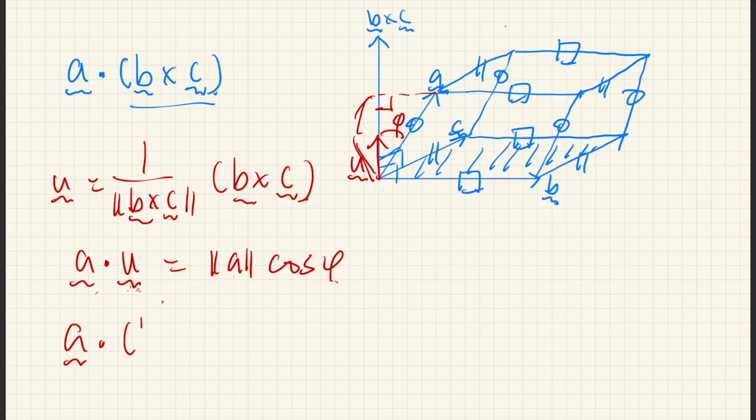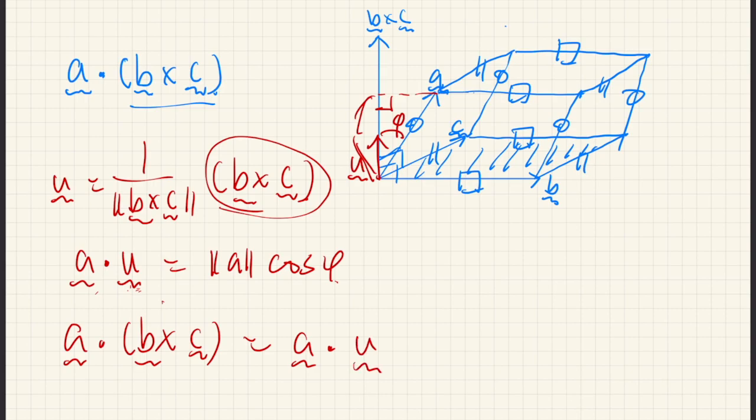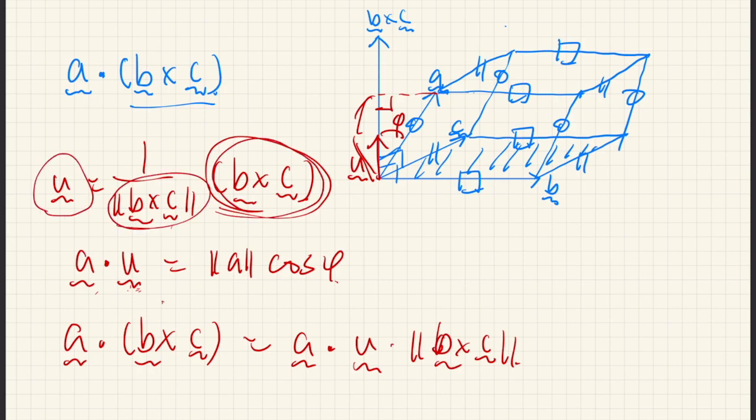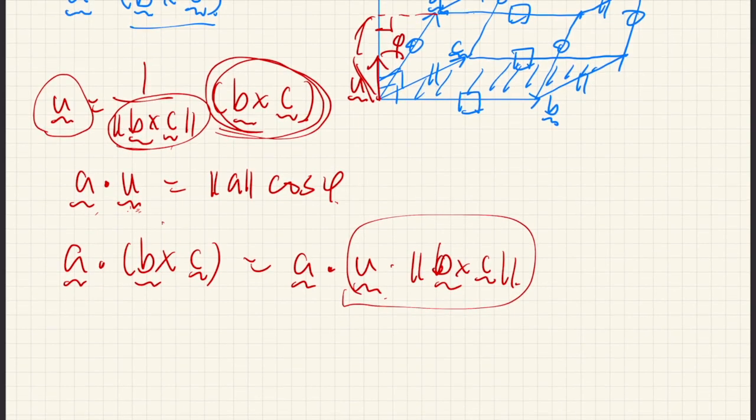Now, A dot B cross C. B cross C can be expressed as U times its norm, the norm of B cross C, right?